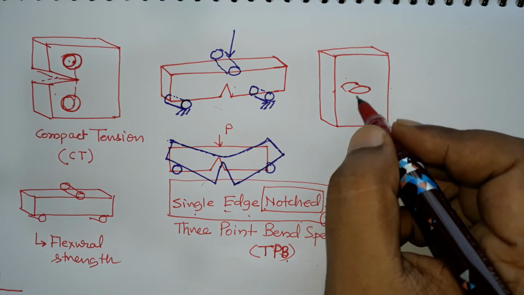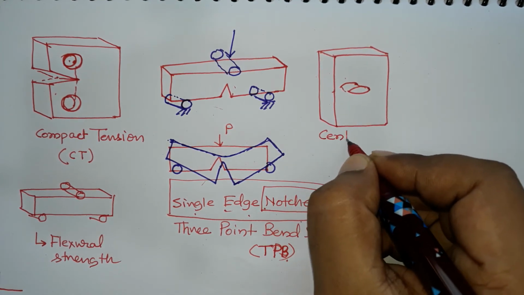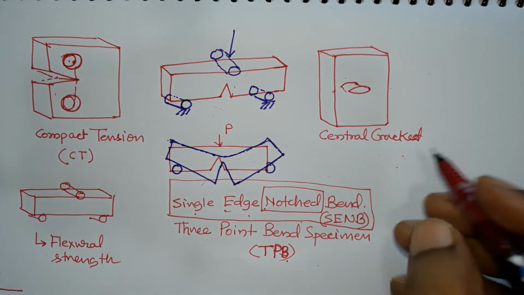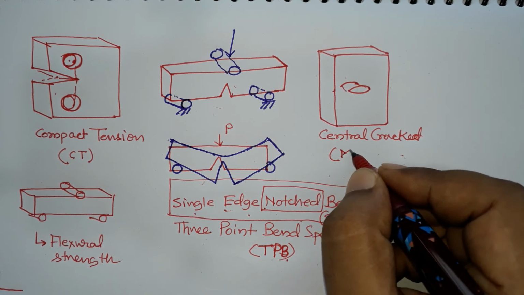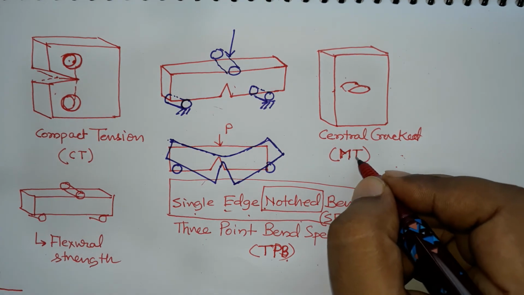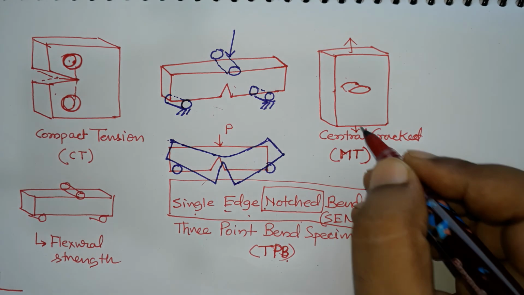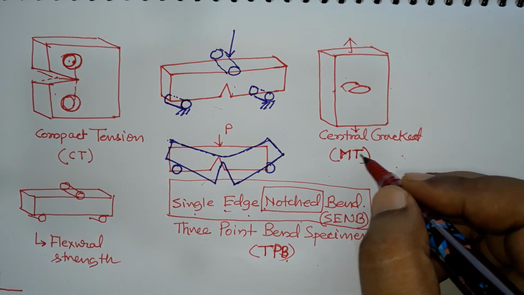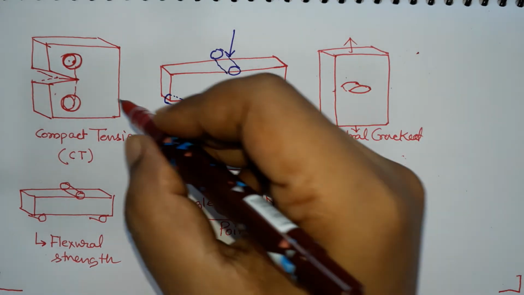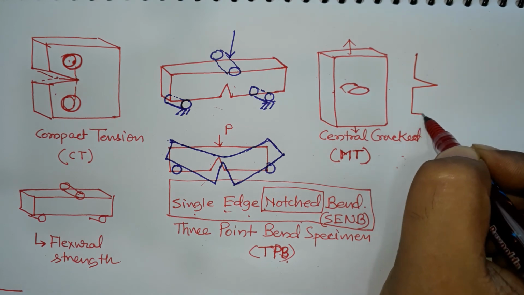So, this kind of specimen was also used, which is called the central cracked panel, or middle cracked tension specimen, with the short form MT specimen. It is loaded in tension like a tensile specimen, but this is not used anymore. Apart from that, you have another specimen which looks like this.